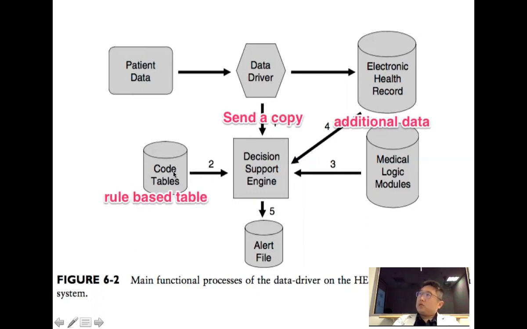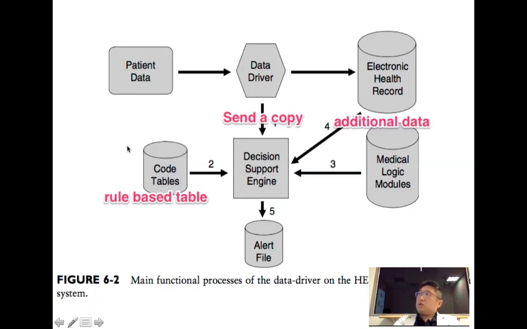So for example, if this is an electrolyte measurement, then they will check the rule base to see whether it is a critical value or not. But we didn't cover the detail about the code table. Maybe in a later section, I think there's the thing called Arden syntax.